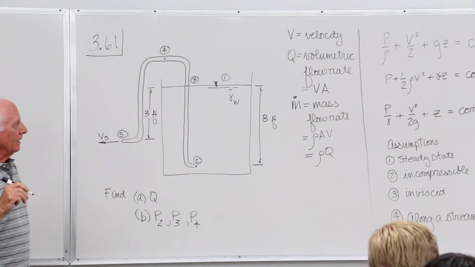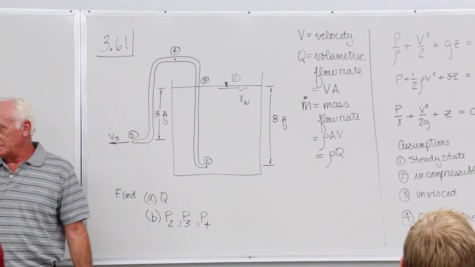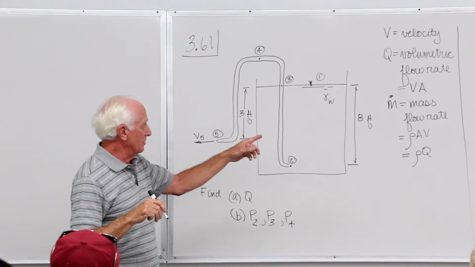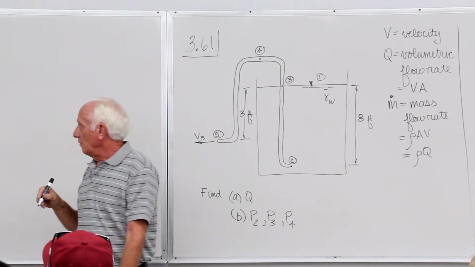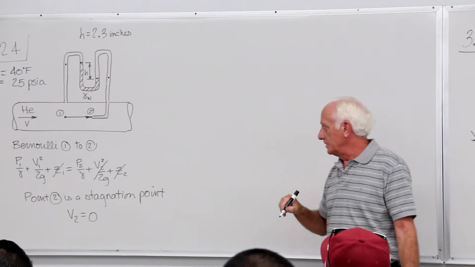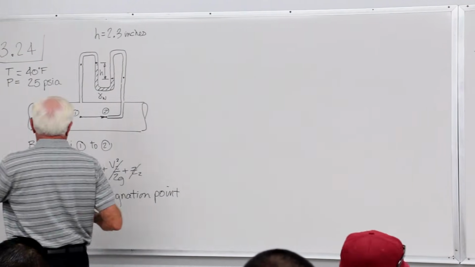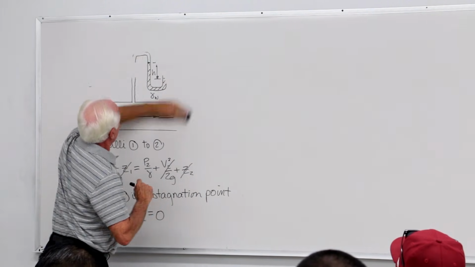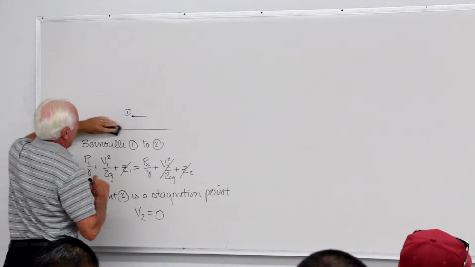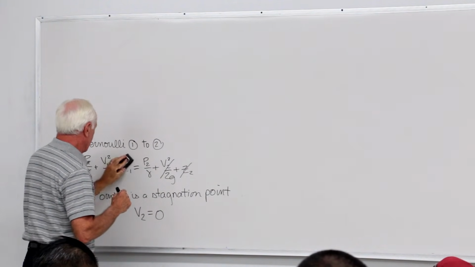Okay, fine. Over there I had to find V1. What do I do? Bernoulli's. Over here, what do I do? Bernoulli's. Okay, from what? 1 to 2. Over here, 1 to 2. What's my equation? There it is.